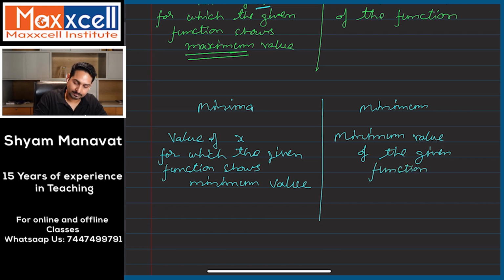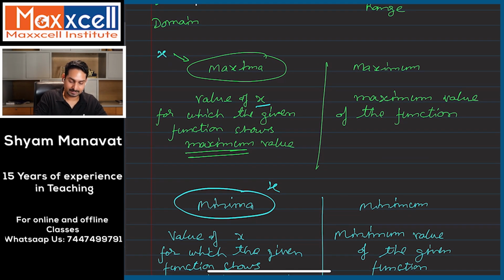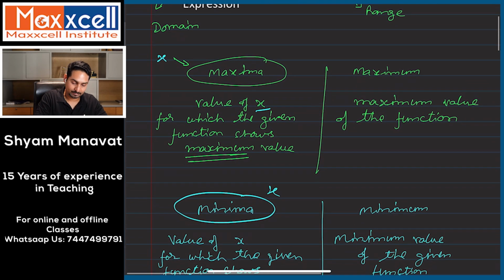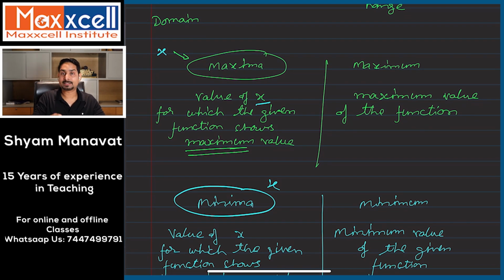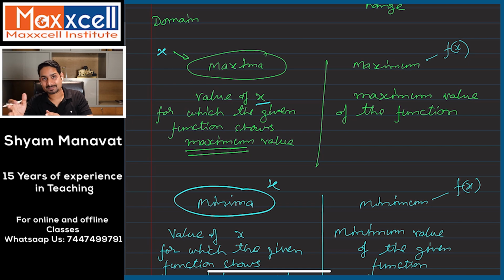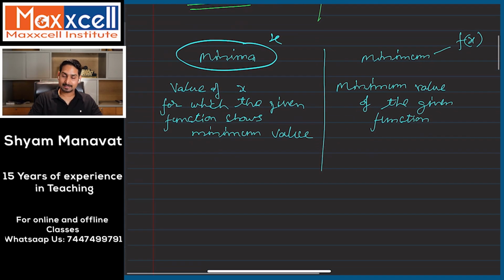Clear? So minima is value of x. Maxima is value of x. And value of x in terms of function is nothing but domain. And maximum is value of the function, minimum is value of the function, and value of function is always part of range, right? Clear?